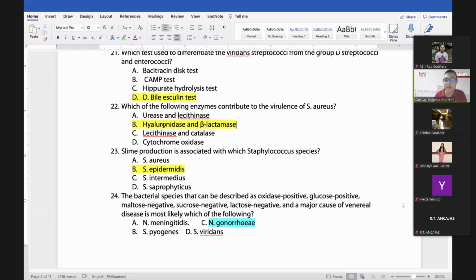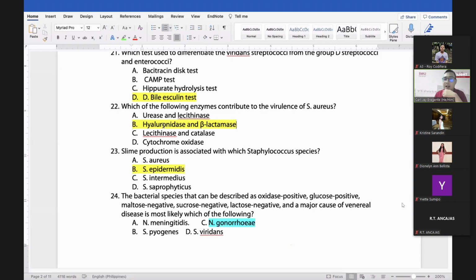Hyaluronidase, class, means the organism has the ability to lyse the hyaluronic acid that is found in the connective tissue. Hyaluronic acid is like the glue of the connective tissue. So Staphylococcus aureus can break down the tight junctions of connective tissue so it can penetrate downward. Beta-lactamase is produced by Staph aureus in methicillin-resistant Staph.